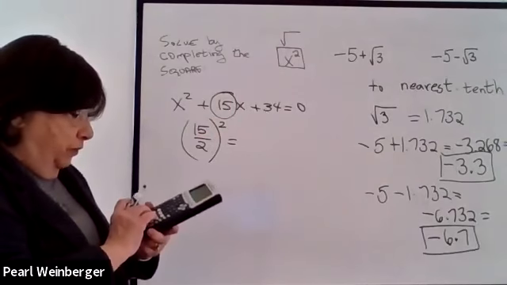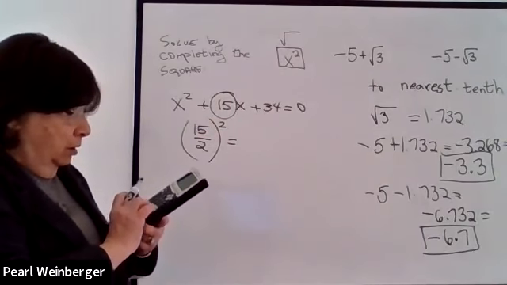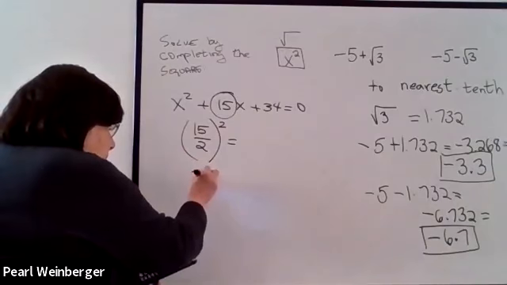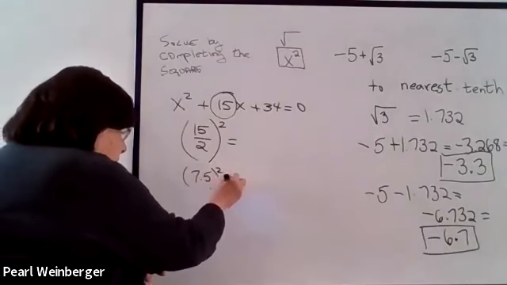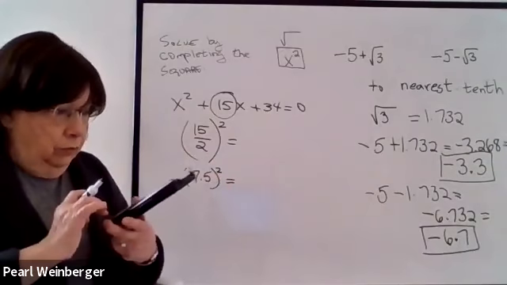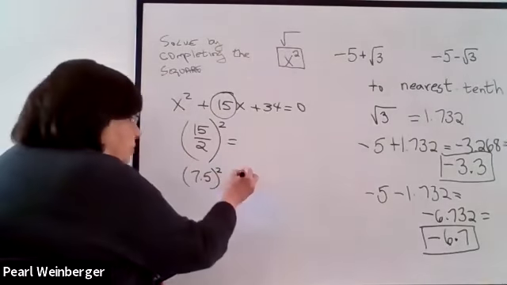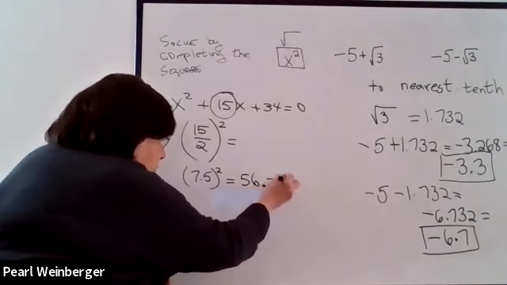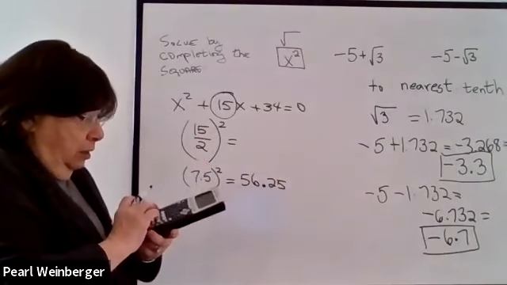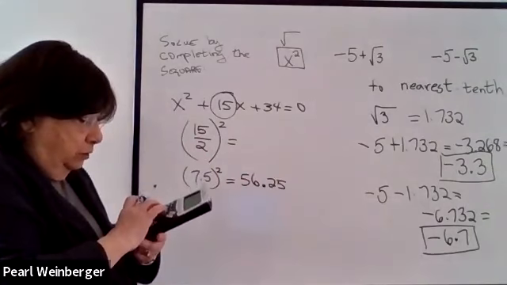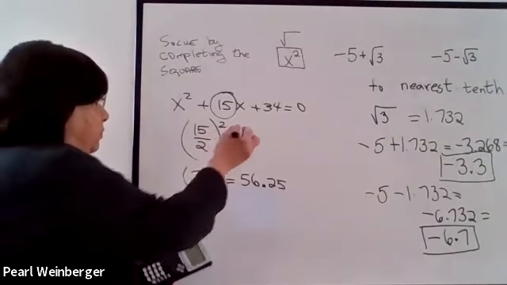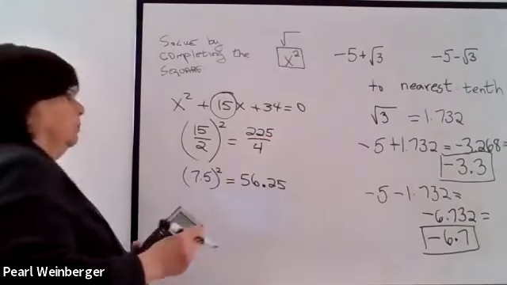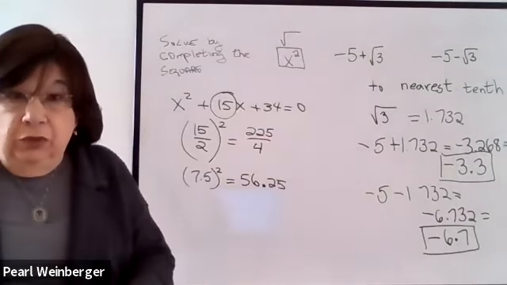You could change the 15 divided by 2 into a decimal and square it, which will give you the answer 56.25. Or you could do it in fraction form: 15 squared is 225 over 4.